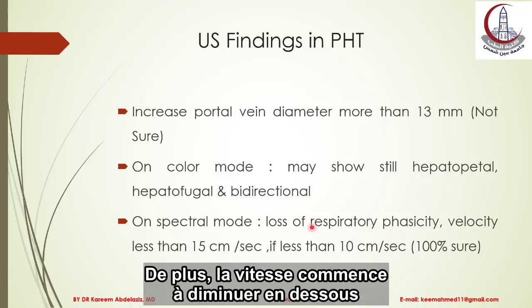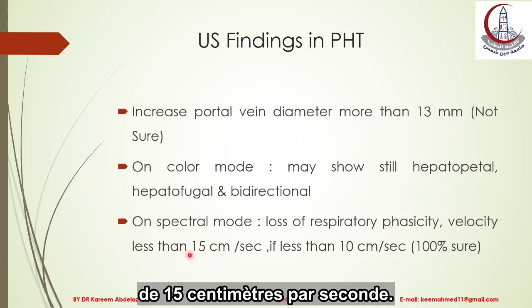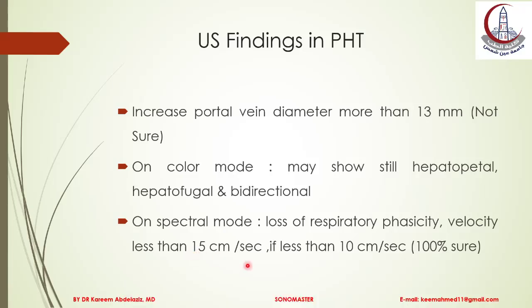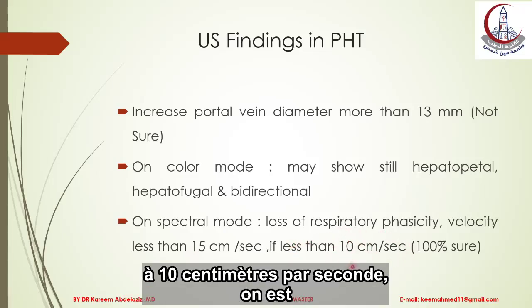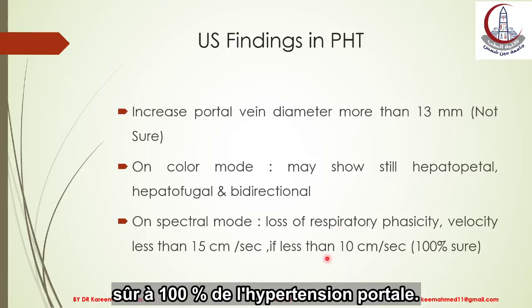Also, the velocity will start to decrease to less than 15 centimeters per second, and still from 10 to 15, this is suggestive of portal hypertension. But if the velocity becomes less than 10 centimeters per second, this is 100% sure of portal hypertension.